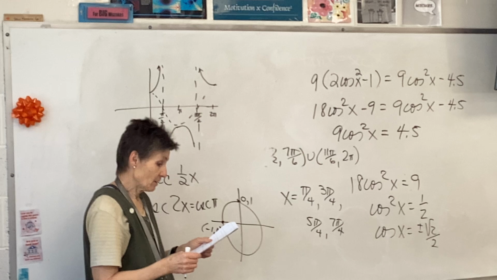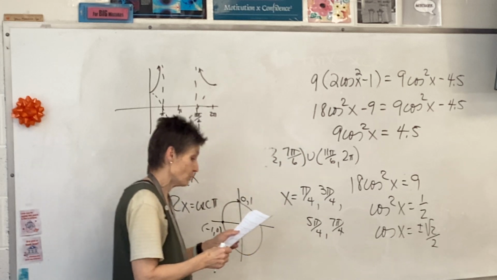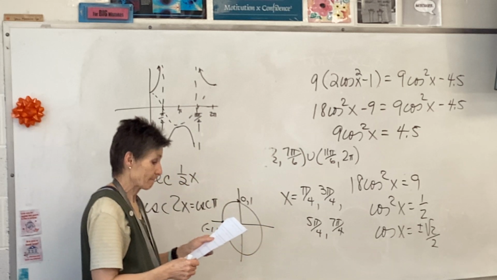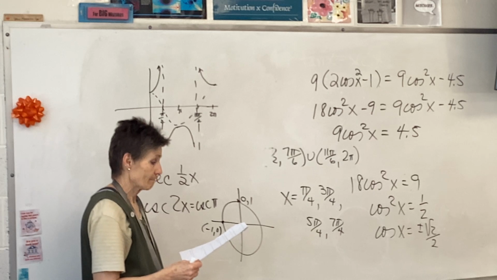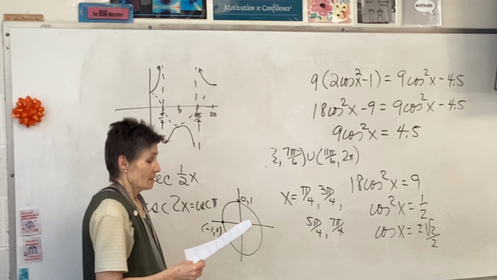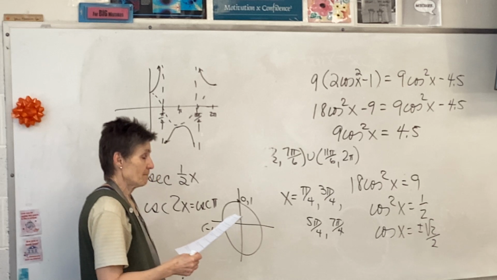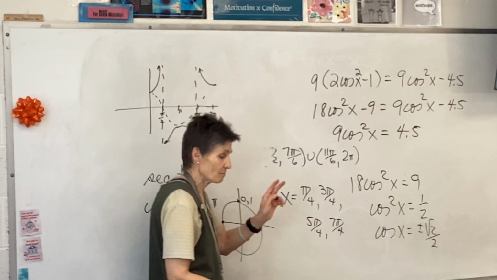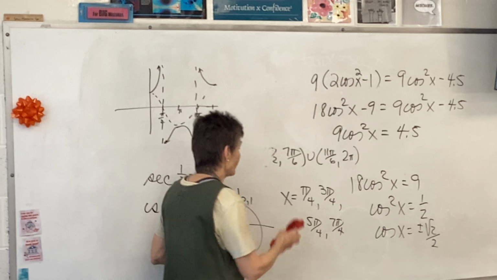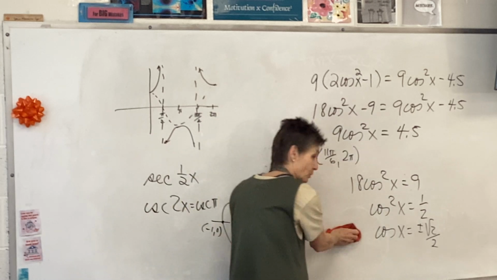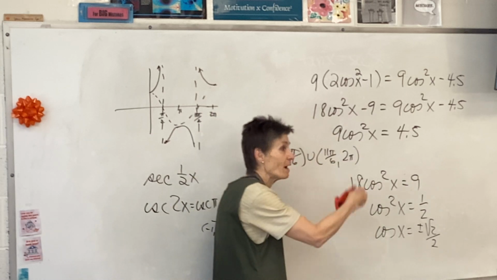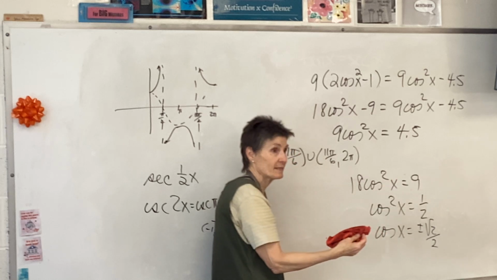All right, which of the following has a vertical asymptote at 2? Now remember, none of the regular pictures has a vertical asymptote at 2. Would you agree with me? The asymptotes are pi over 2 or pi or something like that.